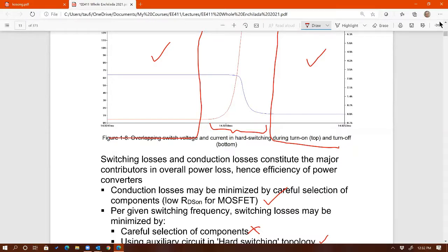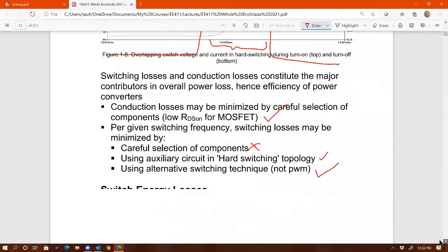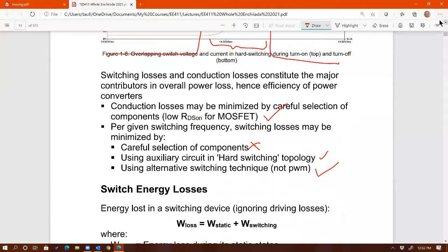In other words, if I could somehow reshape the waveforms such that they don't behave this way, to avoid overlapping of the waveforms, then that would be a good way, right? And that's what's called soft switching.